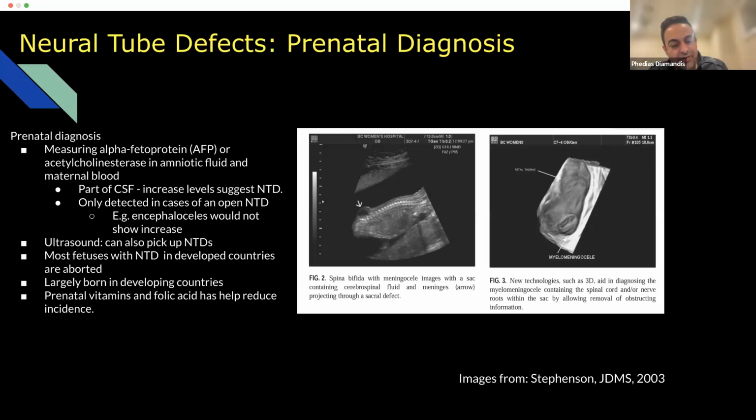But the best thing you can do is prenatal vitamins with folic acid. Folic acid is just the man-made version or the human-made version of folate, which is the kind of the naturally occurring substance. We don't absorb folate extremely well, so supplementation with folic acid can ensure that you have the appropriate levels during this critical period to reduce the incidence of neural tube defects.